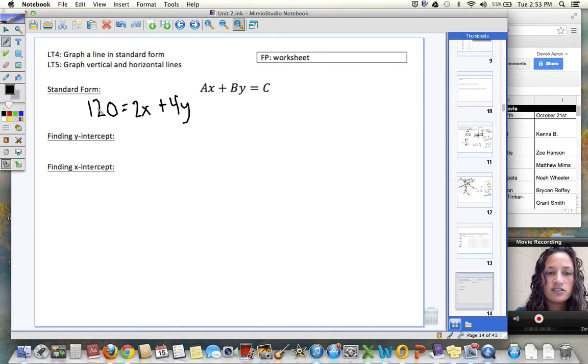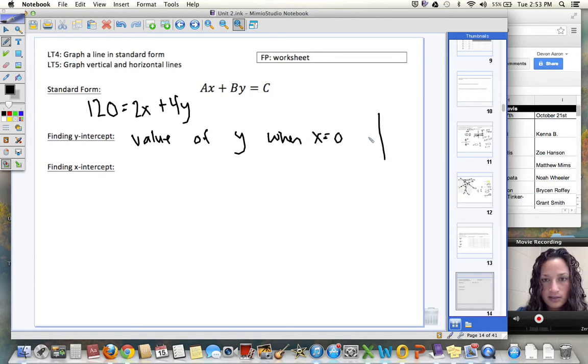So finding the y-intercept. Let's think about what our y-intercept is again. I want you to pause it, and write down what you think the y-intercept is. So our y-intercept is our value of y when x equals 0, right? It's our little dot anywhere on this one.